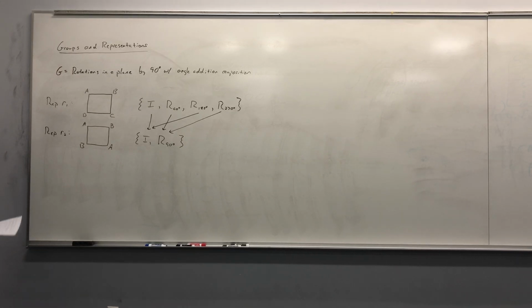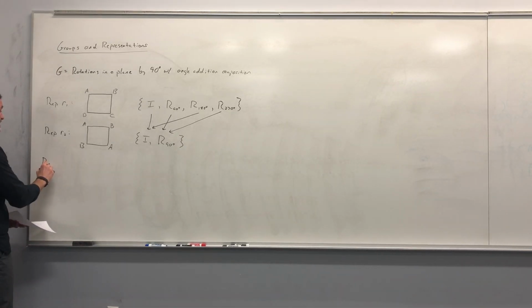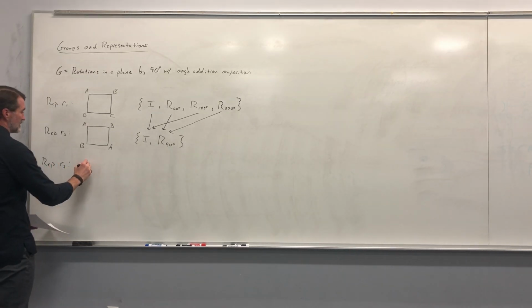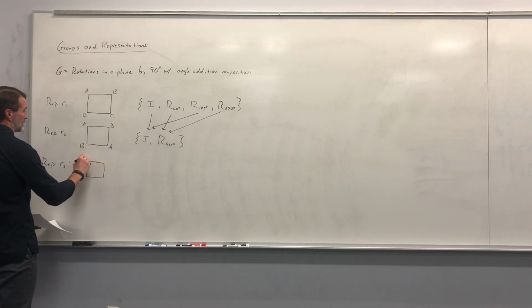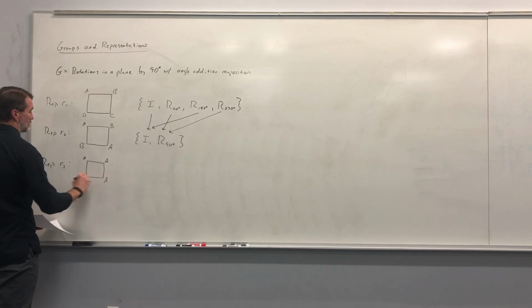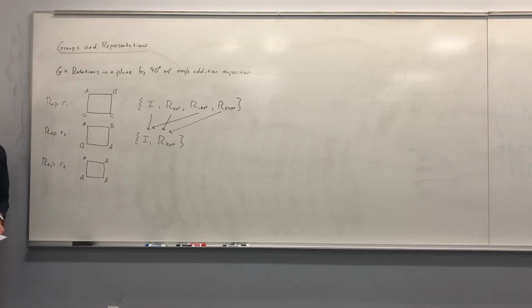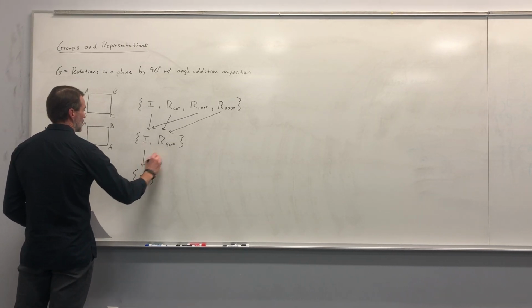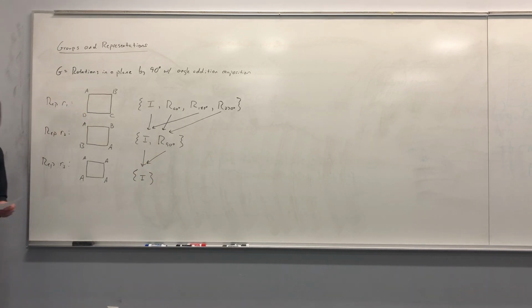Now don't get me wrong, that's degenerate, but then there's total degeneracy. How many of the elements of the group are unique? One, and that's got to be the identity. Okay?